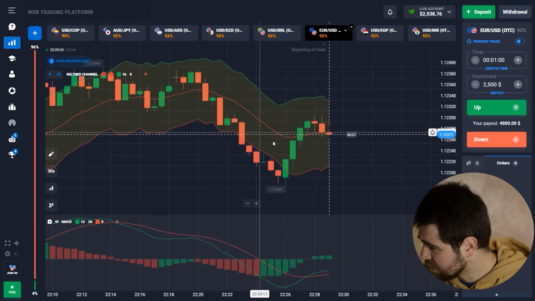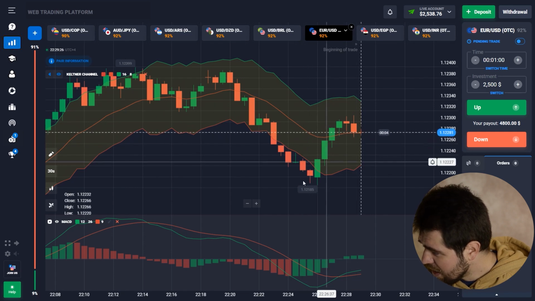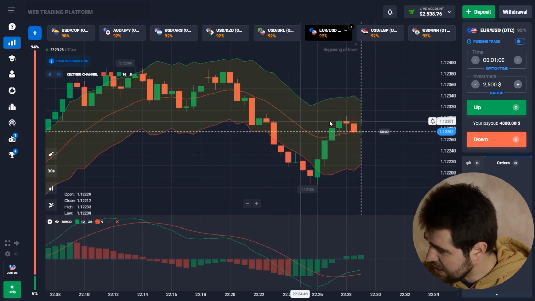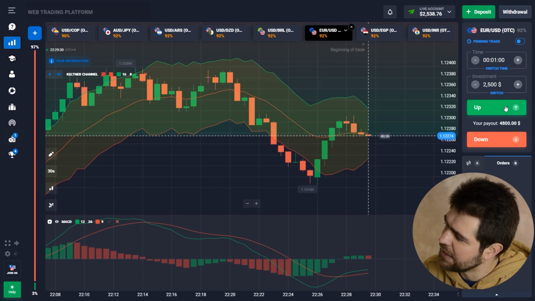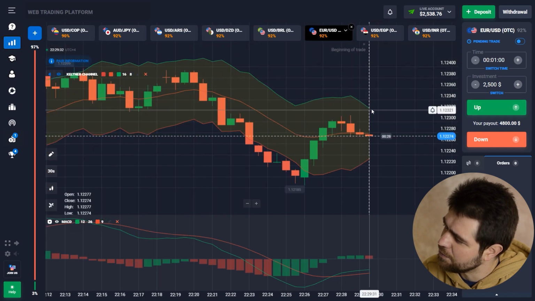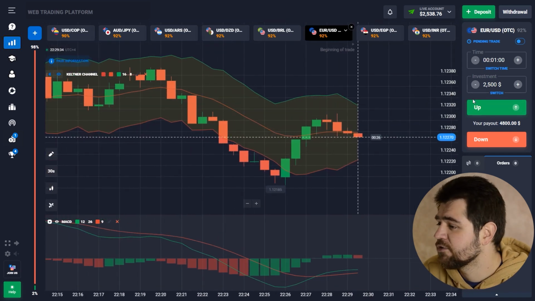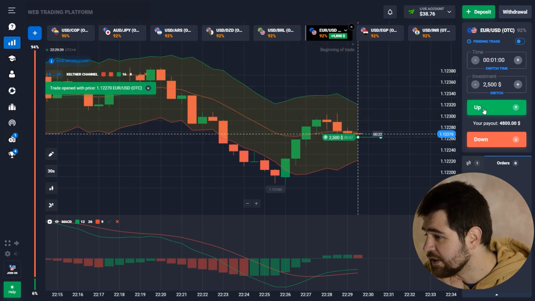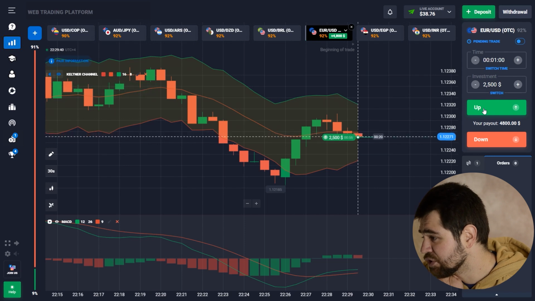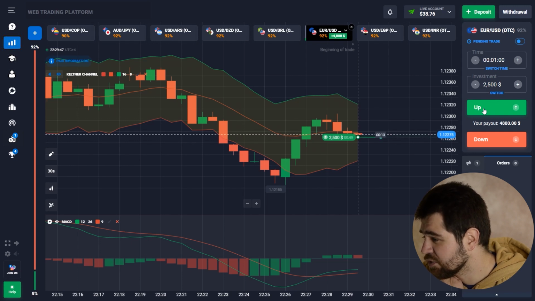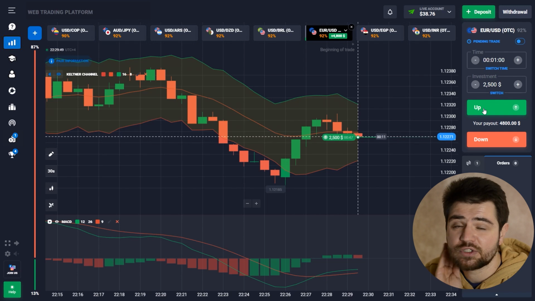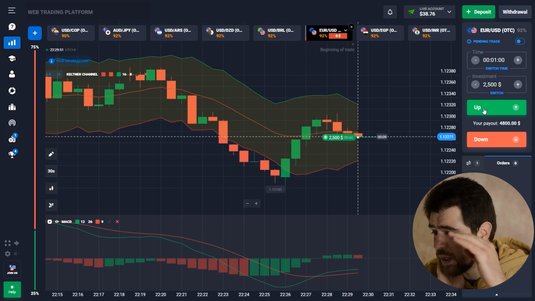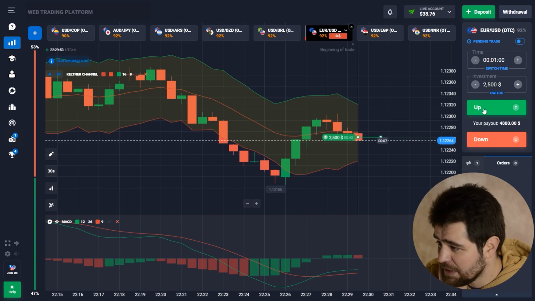Okay, let's go to these indications here. Over here we see a kind of a rhythm. If we see that the MACD is giving us a signal that there is a bullish trend starting, but we also see that the graph was trying to break through the middle line of the Keltner channel, and then it went back as a correction.